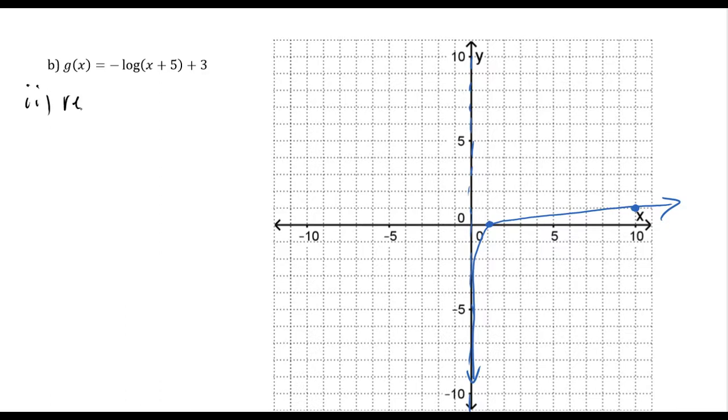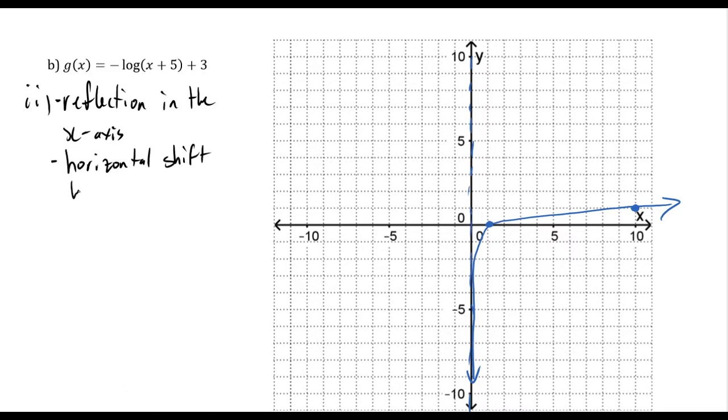So that's a reflection in the x-axis, a horizontal shift left 5, and a vertical shift up 3. Okay, we can do our mapping formulas, but let's think about what a reflection will do.